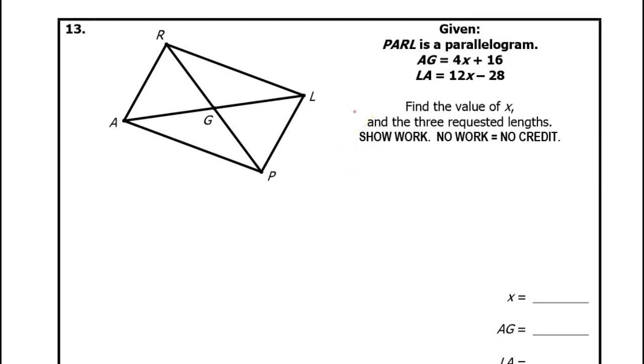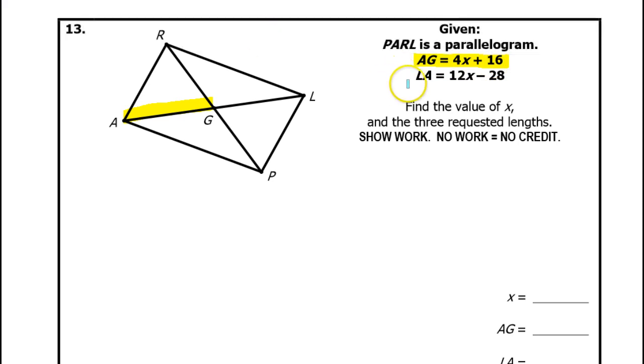Alright, so here we have a parallelogram. Okay, they're giving me AG. Let's color coordinate as we go. So they're giving me AG, which is this. I'm going to make that yellow.